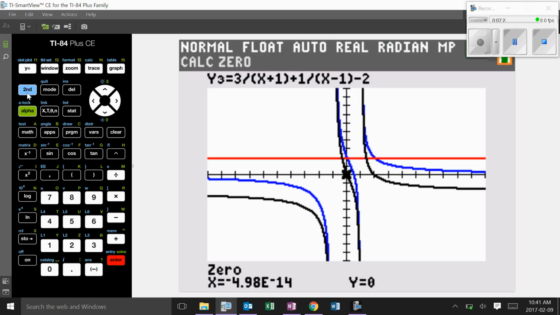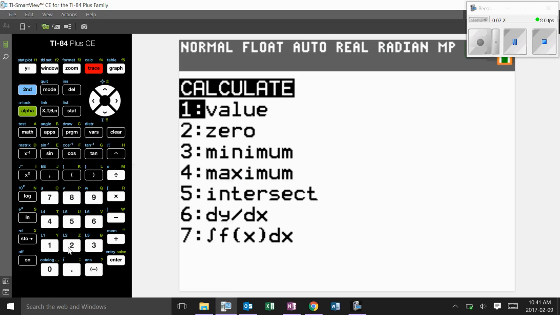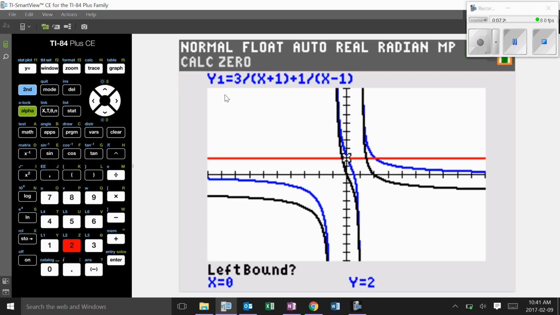So again, let's find the other one. And so it's calculate the zero. And so again, it's reverted back to our first function. So we want to scroll down to y3, and we want to make sure that we are to the left of that x-intercept. And so, whoops, I've just dipped below.